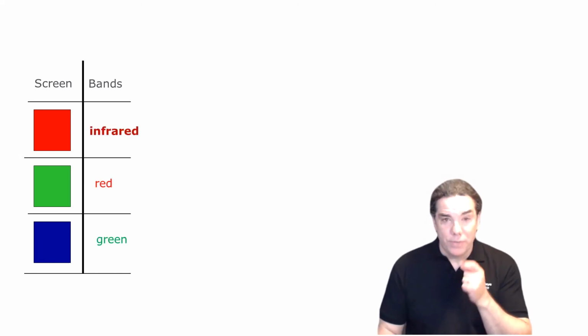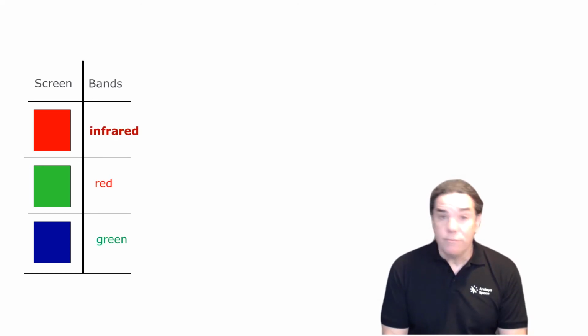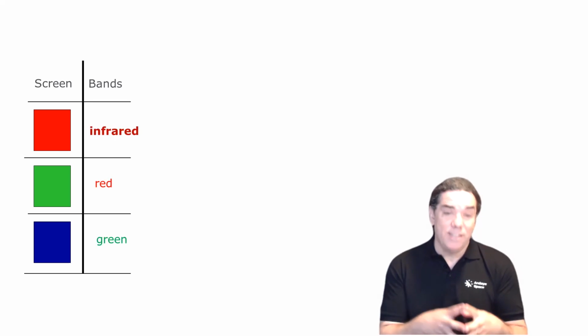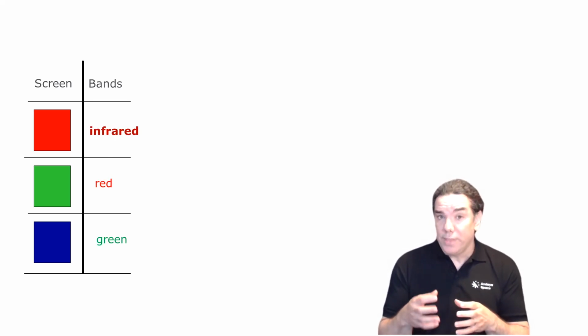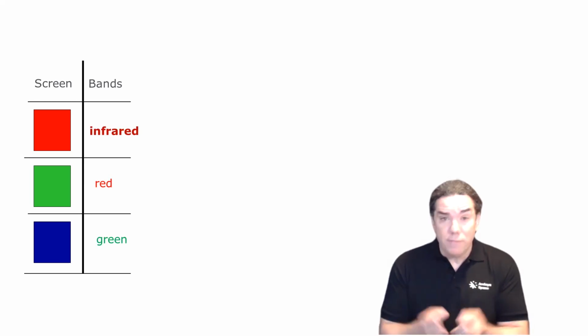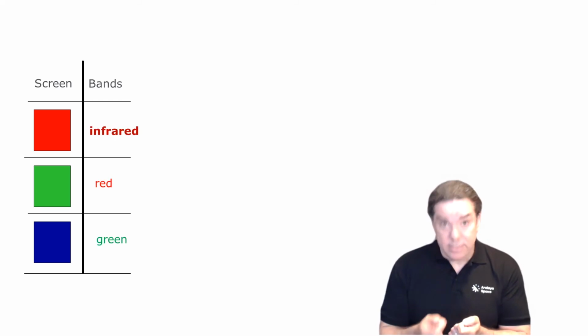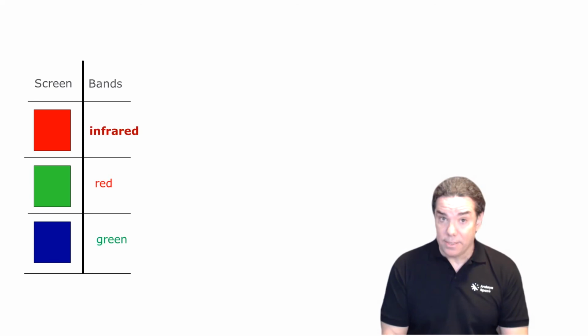So we can choose, for example, the red color for the infrared. That means that when we observe reddish in the final image, it's not going to indicate the real red color. It means it's going to indicate where we have more or less infrared radiation reflected.